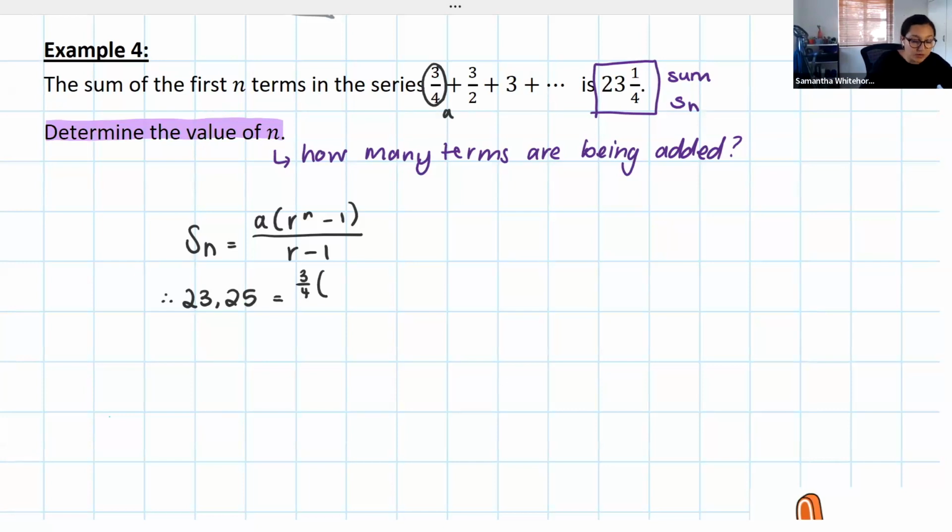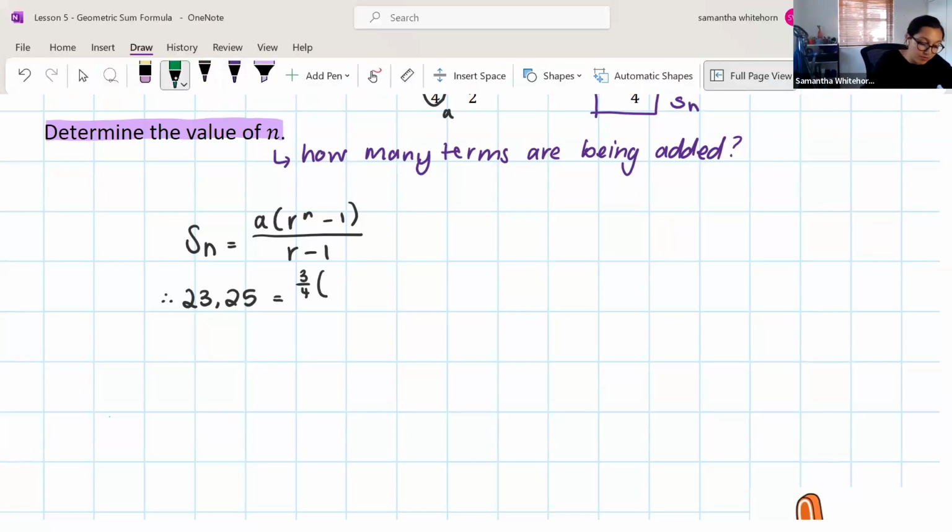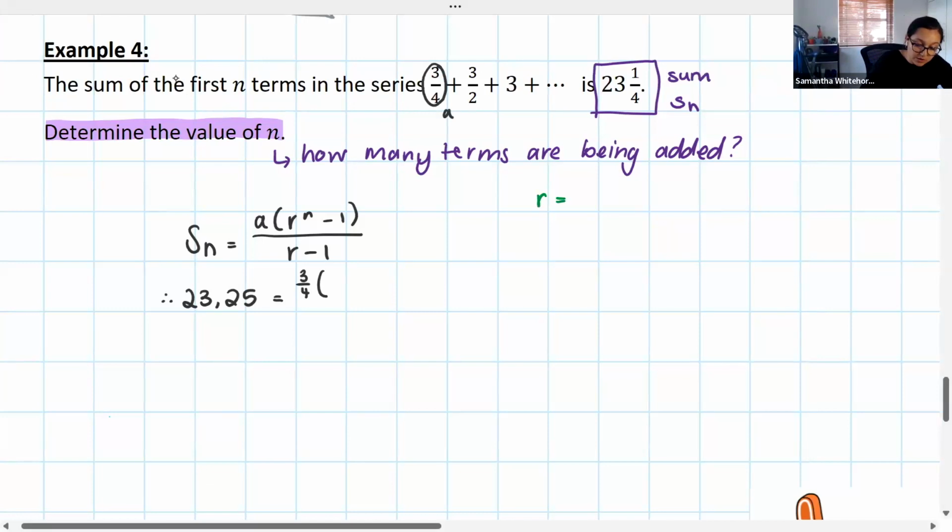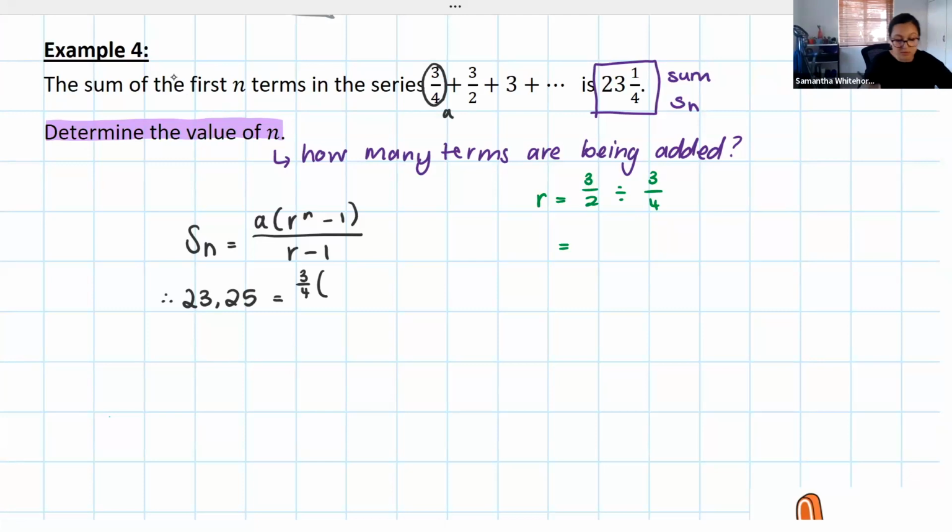We can work out R because remember R is term 2 divided by term 1. So R would be 3/2 divided by 3/4. And so R in this case is, let's hope I can do maths properly here, 2.